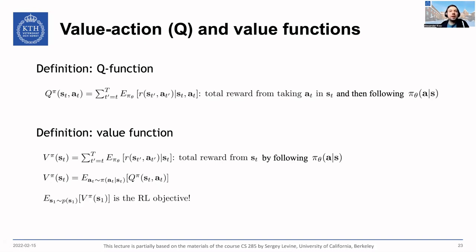And if we look at what we are summing here, this is basically what we had before, just from state one. So the real objective, as we said, is to actually maximize the expected value of the value function that starts from state one. And state one would then be just drawn from the probability distribution of the very first state.